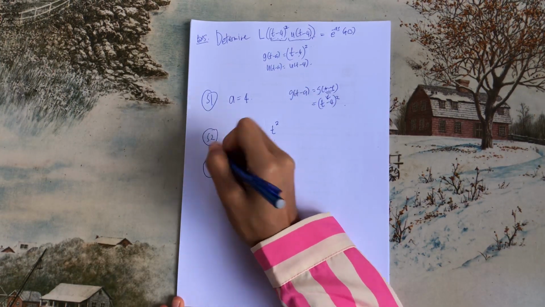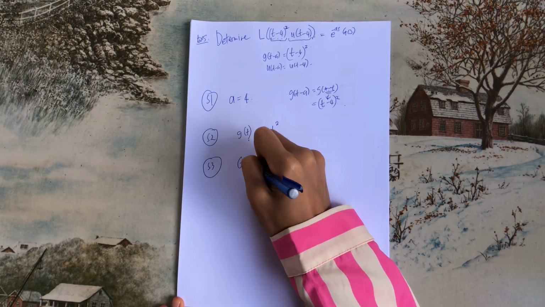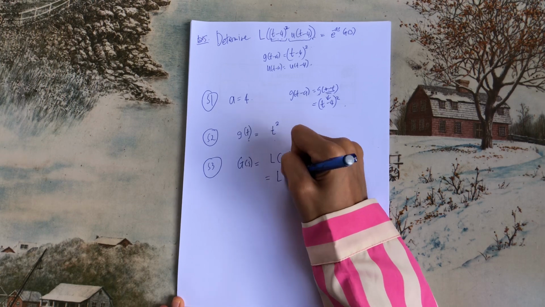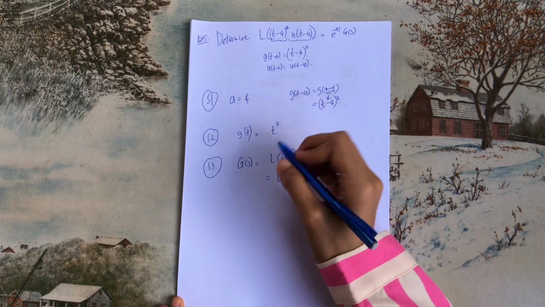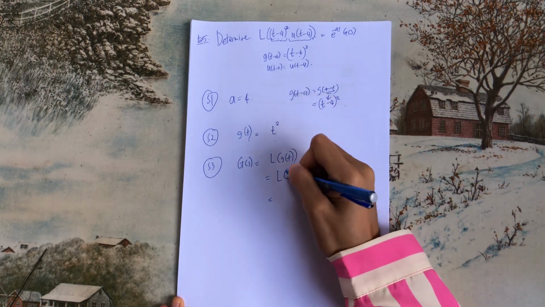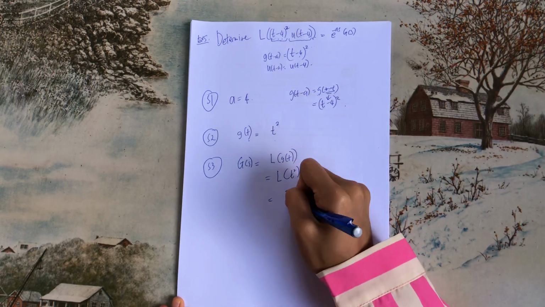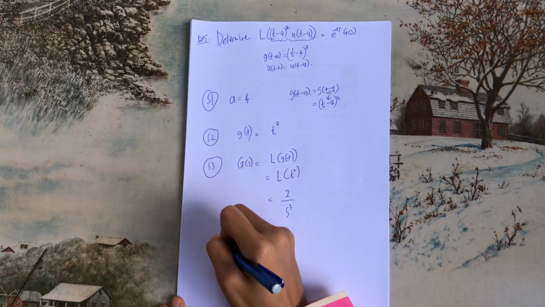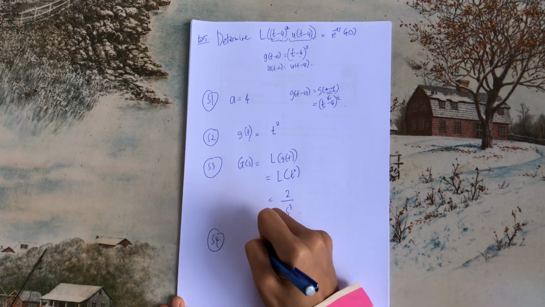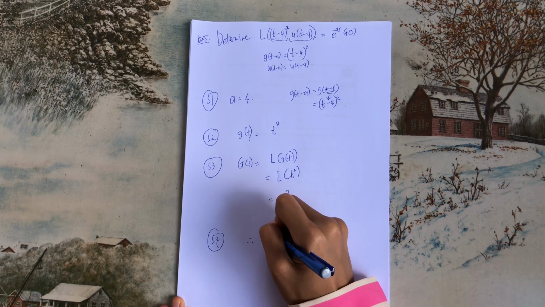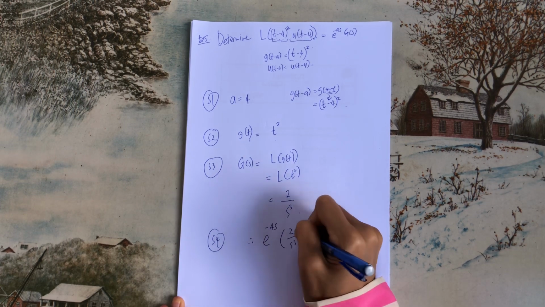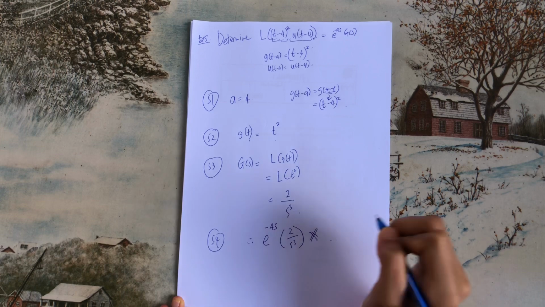Next, step number 3, find G(s). You need to find the Laplace transform of t squared. By using your table, you get 2 over s cubed. Then the last step is e to the power of negative 4s times 2 over s cubed.